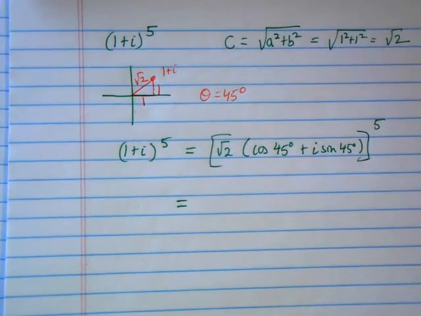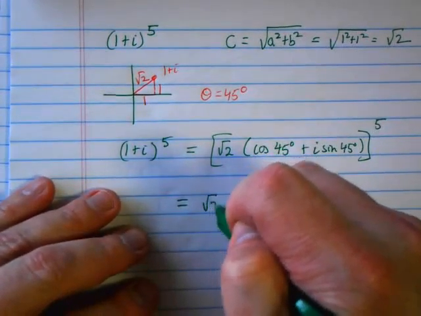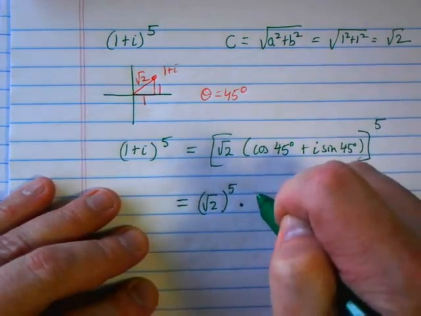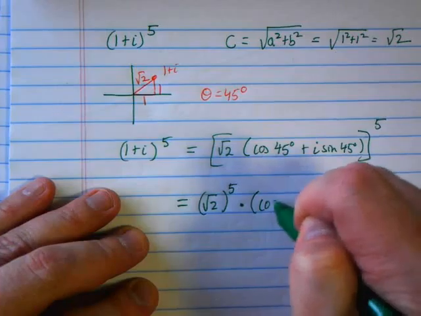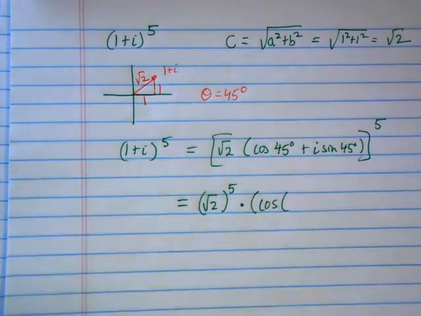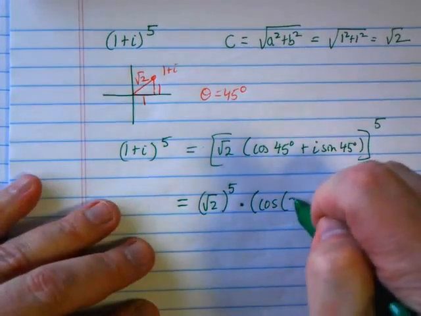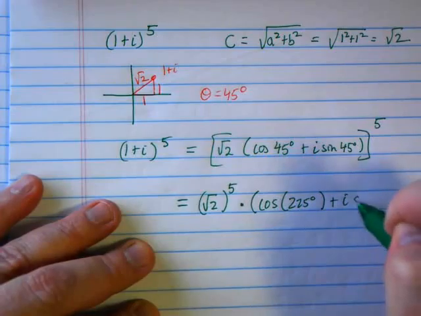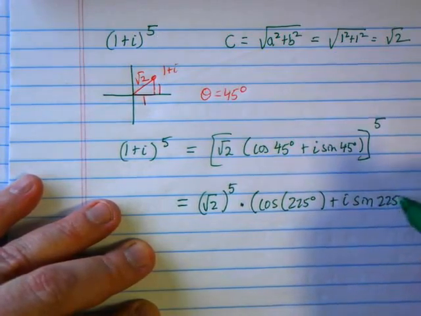My answer is square root of 2 to the 5th times cosine of, I take 45 times 5. 45 times 5, calculator says that's 225 degrees. Plus i sine 225 degrees.